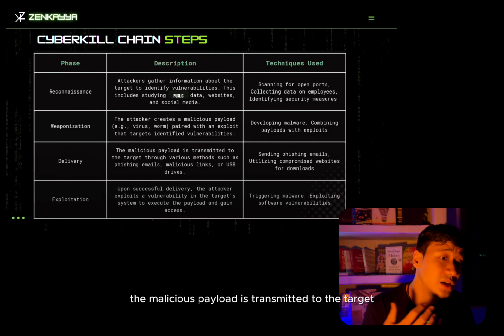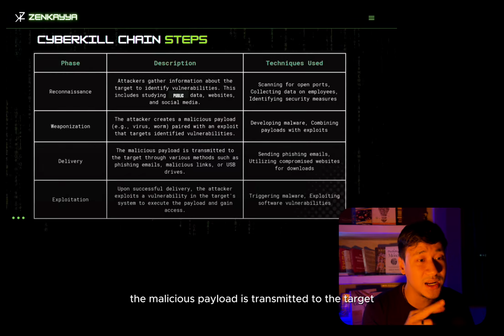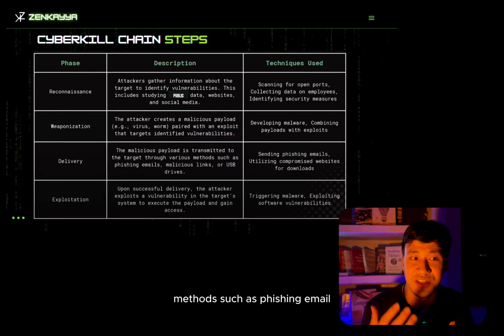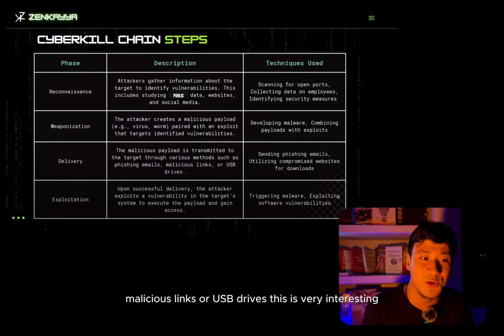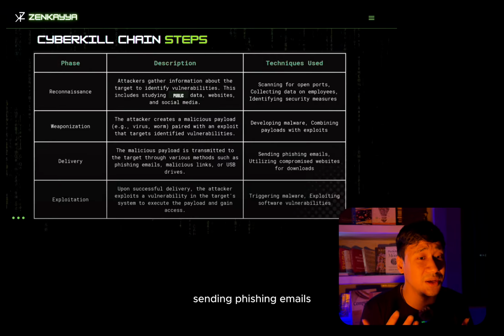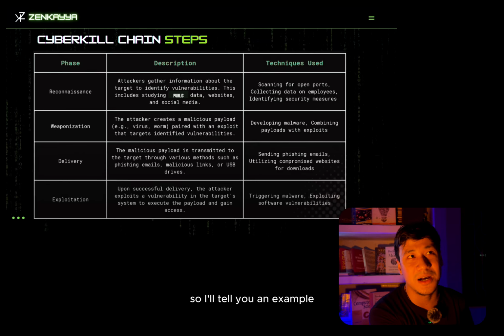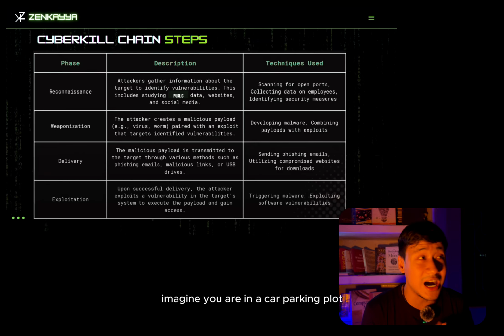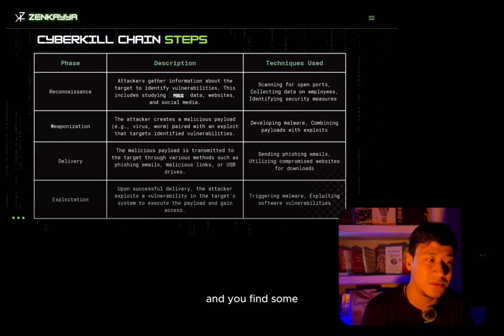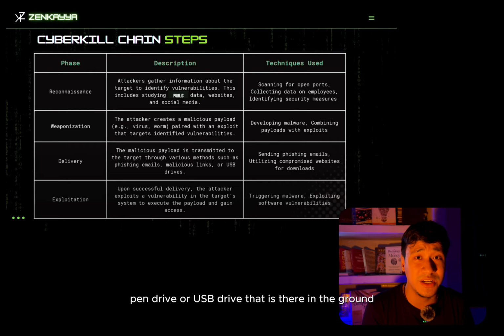What does delivery mean? The malicious payload is transmitted to the target through various methods such as phishing emails, malicious links, or USB drives. This is very interesting. Sending phishing emails, utilizing compromised websites for downloads. I'll tell you an example. Imagine you are in a car parking lot and you find a pen drive or USB drive lying on the ground.